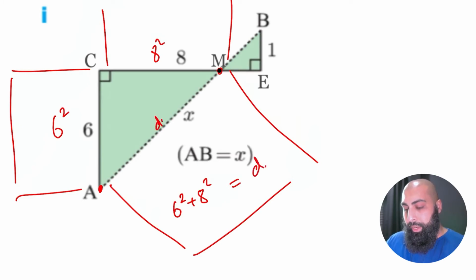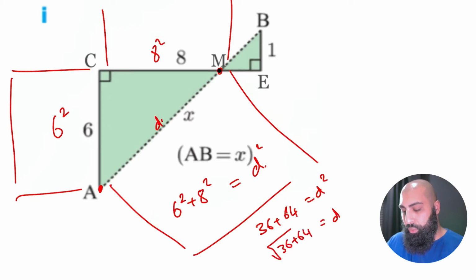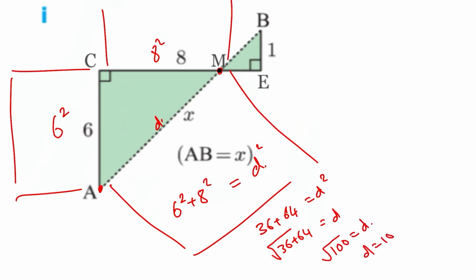D squared: 6 squared, 36, plus 64 is equal to D squared. Therefore, D would be equal to the square root of 36 plus 64. If you add those values together, you conveniently get 100. So the square root of 100 is equal to 10.